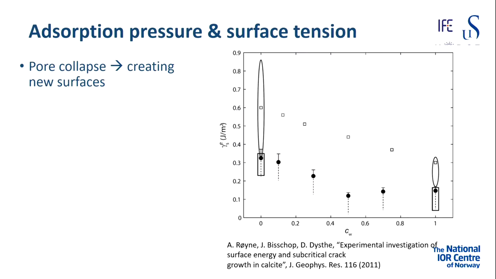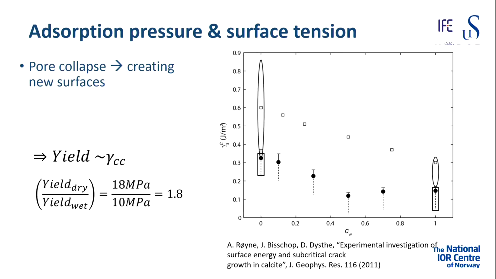This was followed up in a very nice paper by Anja Rein and Dag Dyste from the University of Oslo, where they showed that if you immerse calcite into different fluids, you can measure the fracture propagation speed, meaning you can measure how easy it is to create new surfaces. They found that if you immerse it completely in oil, you have a much higher surface tension, or you need a much higher energy to create new surfaces, than if you immerse it in water.